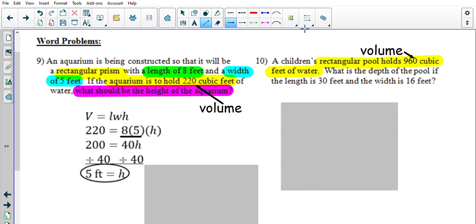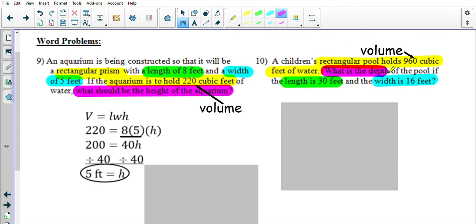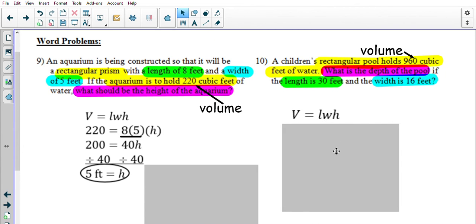So we'll replace V with 960. We're also given that the length is 30 feet, the width is 16 feet. And we're trying to find the depth of the pool. Now that's going to represent like the height of the pool. So even though it uses the word depth, we're finding H. So same formula from the last question.